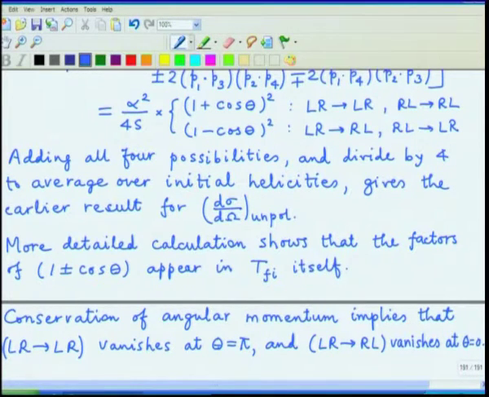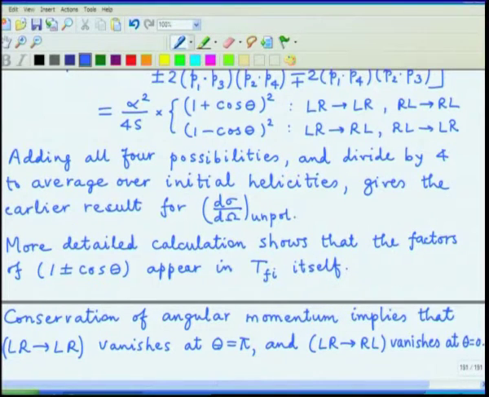So, that explains where this 1 plus cos theta and 1 minus cos theta appear as well. So, that is as much as can be done in this simple fashion in terms of polarization in the annihilation process, and experiments with polarized e plus e minus beams have indeed been carried out.